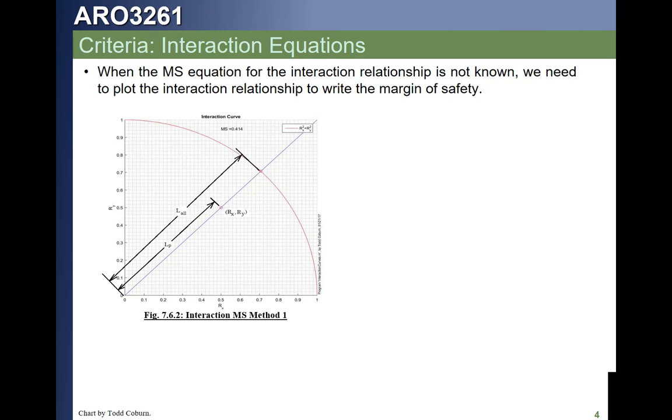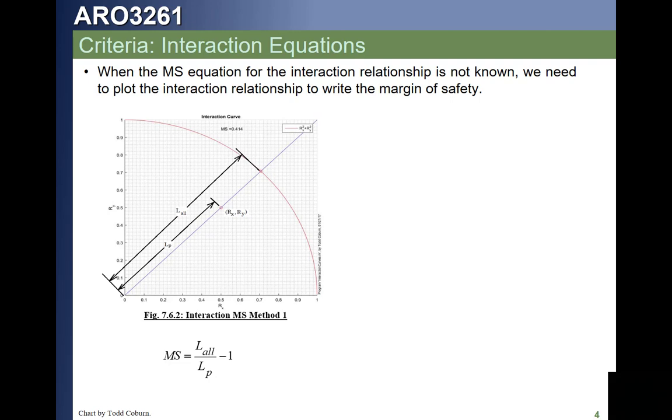If we draw a line from the origin through the point that represents our stress ratios, Rx, Ry, and continue that line past that until it crosses the interaction curve and beyond, all we need to do is compare these lengths. Basically, we take the length to the allowable divided by the length to the stress ratio of our point, minus 1, and that tells us the margin of safety.